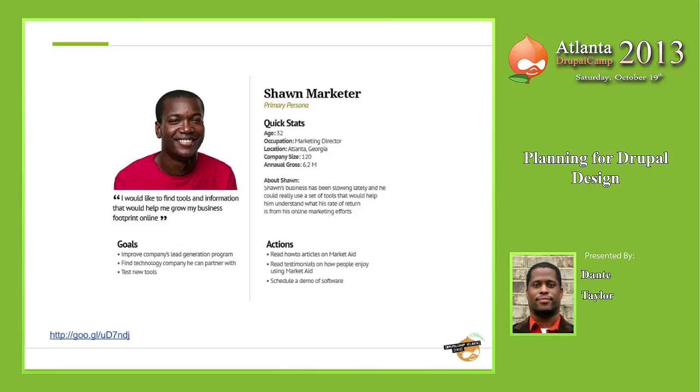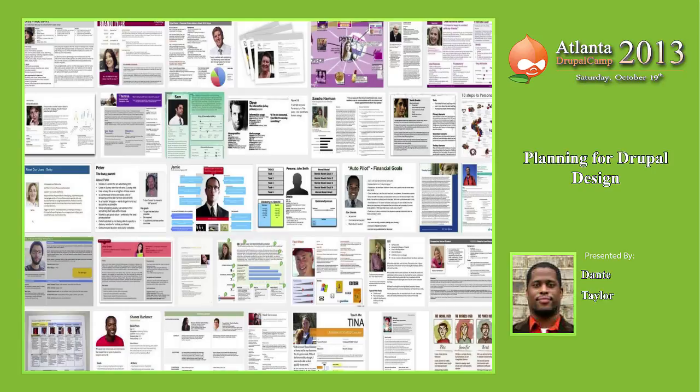And I wrote an article about personas there as well, and I'll post this so everybody can get it after the meeting. Now, look, there's thousands of different types of persona styles. I just showed you one, a little small snippet, but use your imagination.